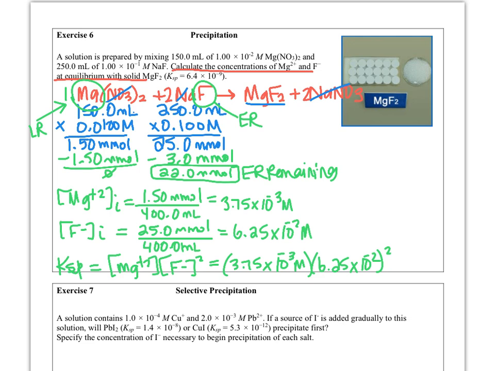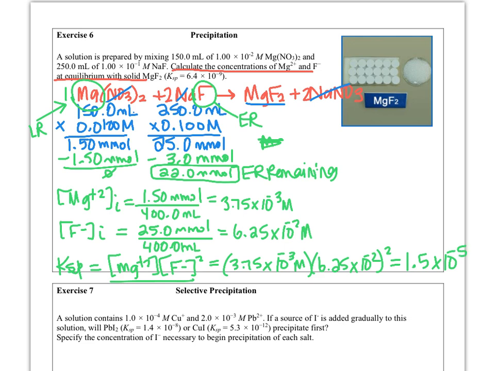And so when we go to find this, okay, for MgF2, oh, I forgot to write that equation for you. I'll write it in a minute, but where I was getting the KSP expression. Hopefully by now you know where I got it, because obviously we've done a whole bunch of these. So my KSP is going to be, when I calculate that out, 1.5 times 10 to the negative 5.